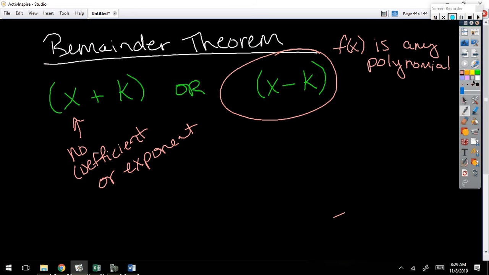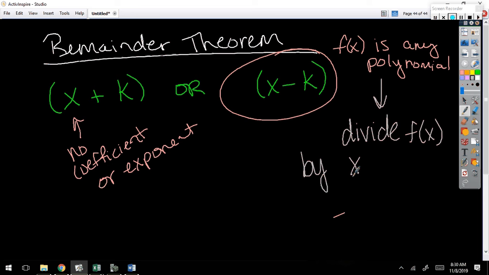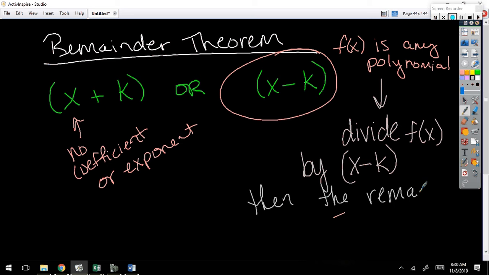So if we divide f of x by x minus k, then the remainder, and I'm putting this in words that I think if you go back and read it, you'll understand, so it's not real mathy.